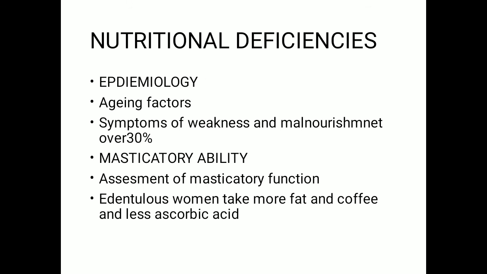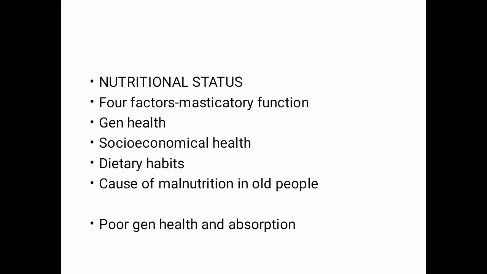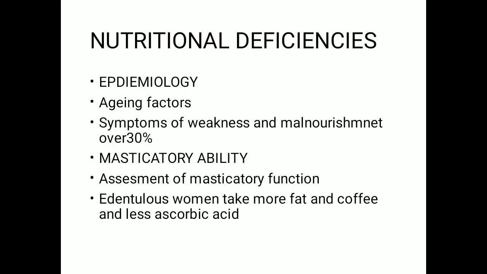Next we go into nutritional deficiency. Here we see four kinds: first is epidemiology, second is masticatory ability, third is nutritional status, and final is general health. First, epidemiology. Aging factors are symptoms of weakness and malnourishment in over 30%. Masticatory ability is mainly for assessing masticatory function.